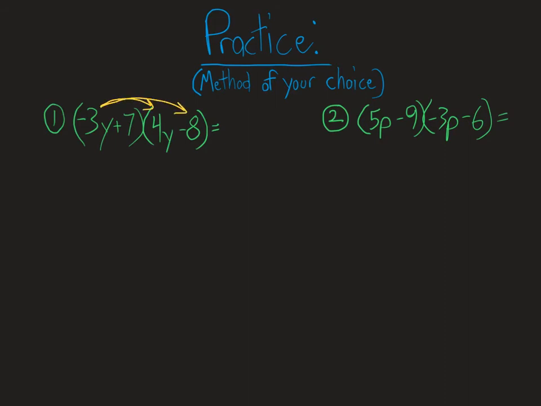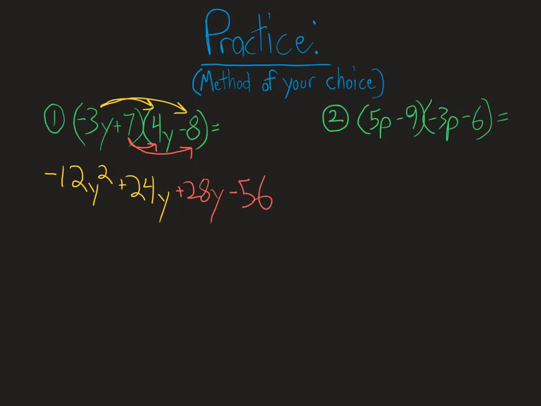There's my multiplying the negative 3y through, so I'll get that negative 12y squared, and that plus 24y. Now I'll work on that 7 and distribute it through. There's those other two arrows for FOIL. So I've got a plus 28y and a minus 56.